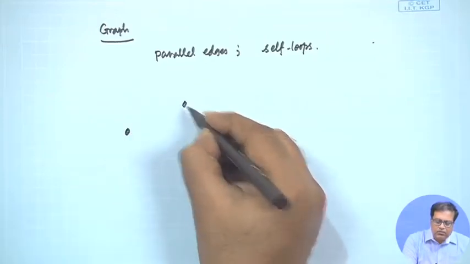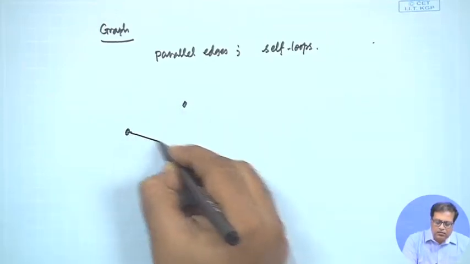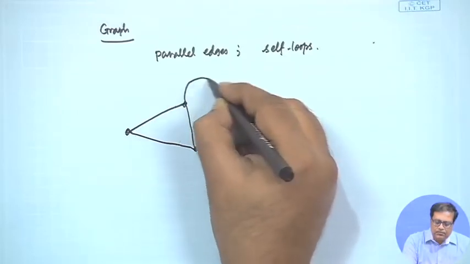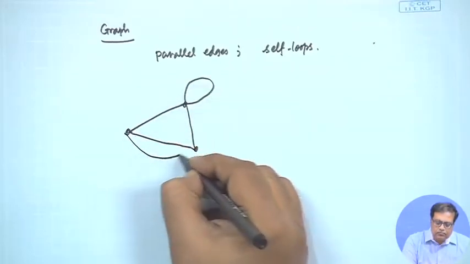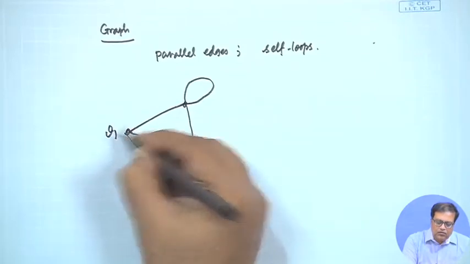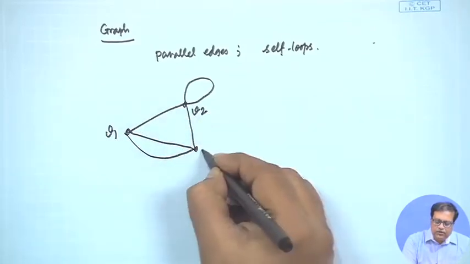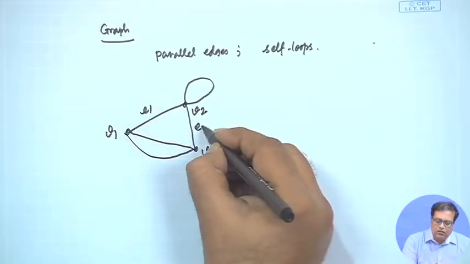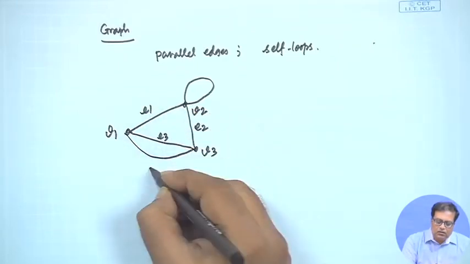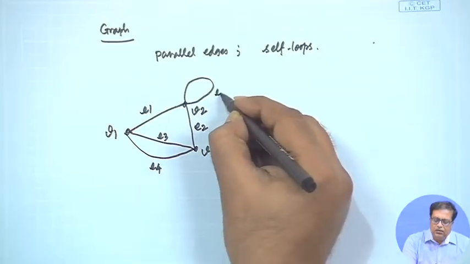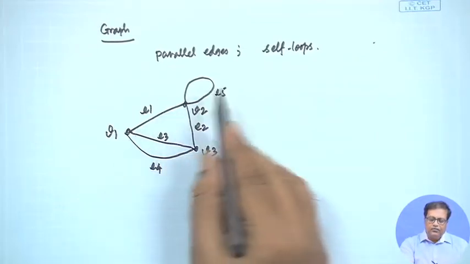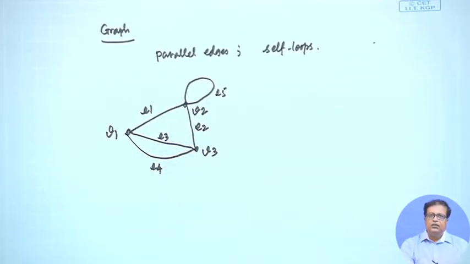So, supposing we have these particular connections. So, you see V1, V2, V3, E1, E2, E3, E4, E5. So, look here, here is a graph. This graph has 5 edges and 3 vertices.